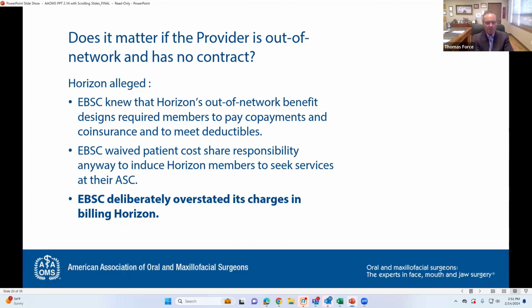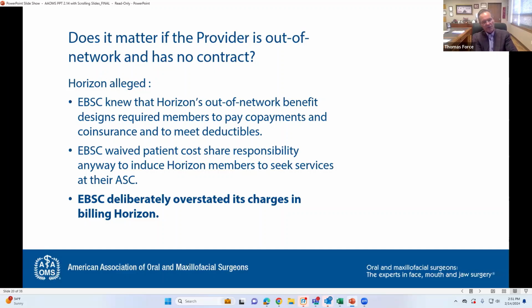They say, if you're not paying your cost share, we can deny claims going forward and retroactively deny and take back any money we paid. They're also doing this in provider contracts as well. They're having this wording. So you have to be careful what you sign. So the answer is no, it doesn't matter if you're in or out of network. These rules apply whether you're in or out of network.